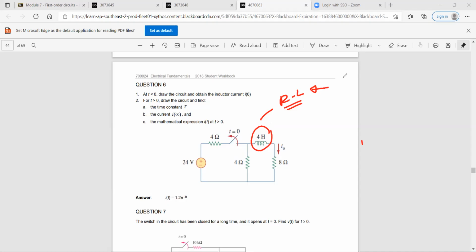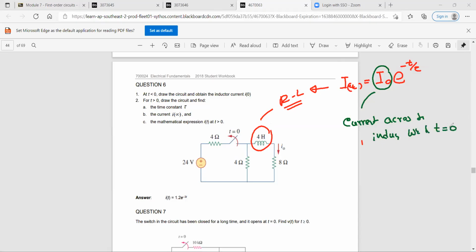So that current across the inductor is given by this equation: I naught times e to the power minus t over tau. Similar to the RC circuits, this I naught is the current across the inductor when the time is equal to 0.